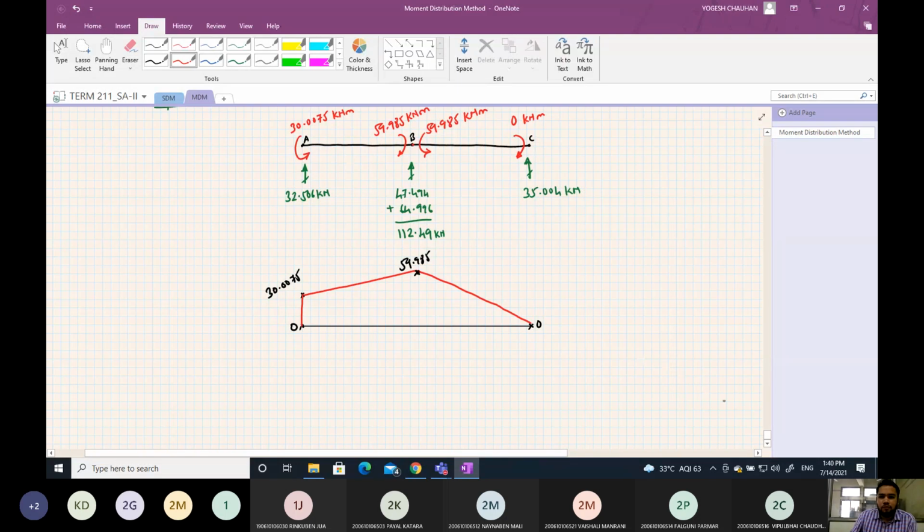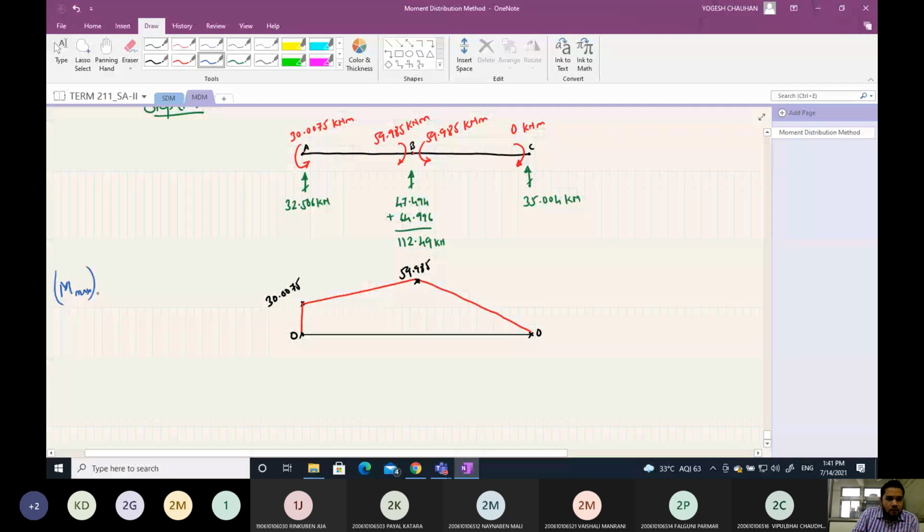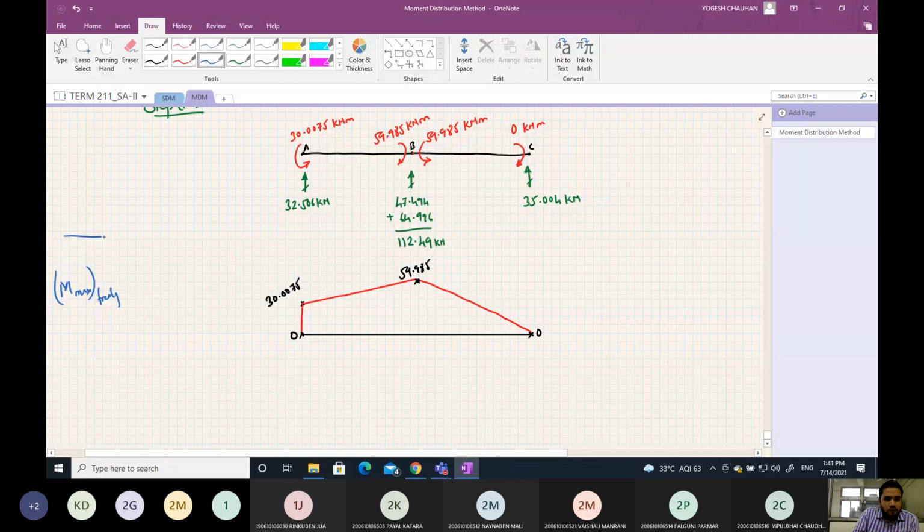Now for the freely supported moments, let us find the freely supported bending moment. M max freely supported for segment AB will be equal to 80 into 4 by 4, that is 80 kilonewton meter.